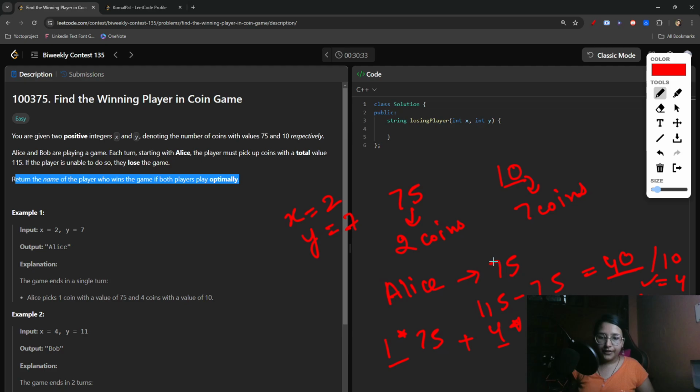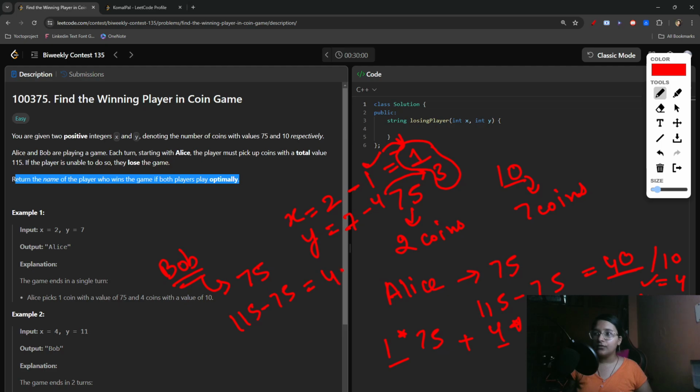So now after this, our x would be x minus 1, which is just 1, and 7 minus 4, now it will be 3. These are the denominations which are left. Now comes the part for Bob. The next turn is Bob's. So Bob will pick the 1 coin of 75 which is remaining, and when Bob subtracts that 75 from 115, Bob gets 40.